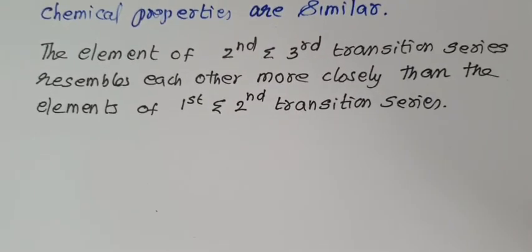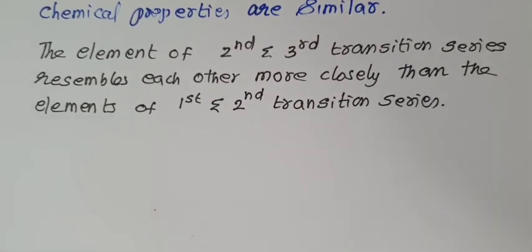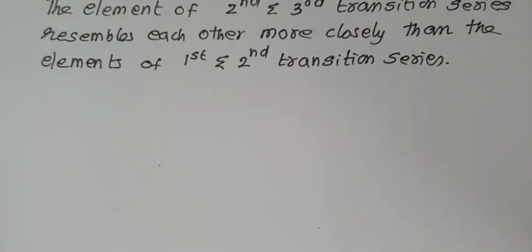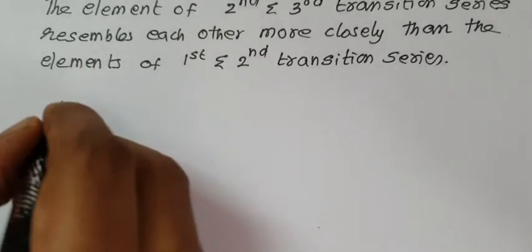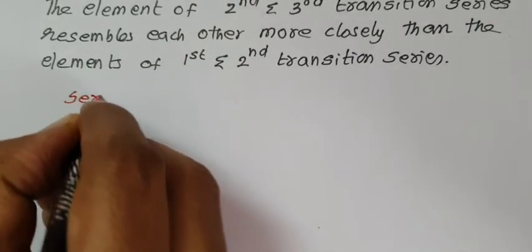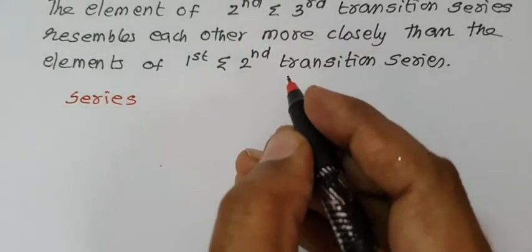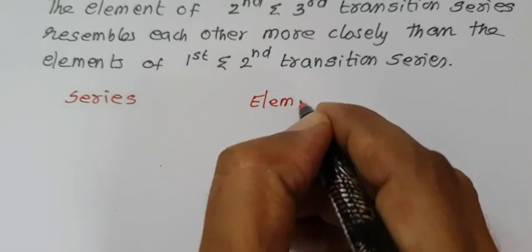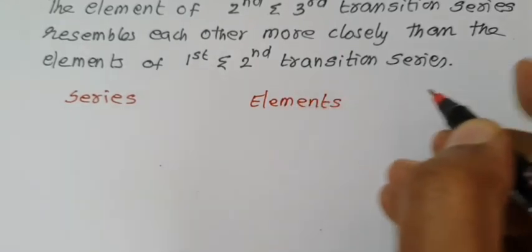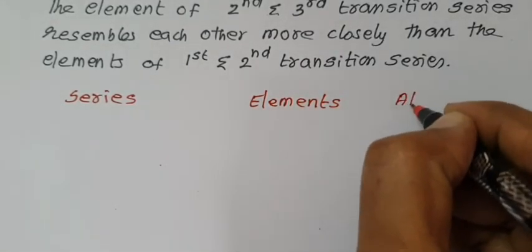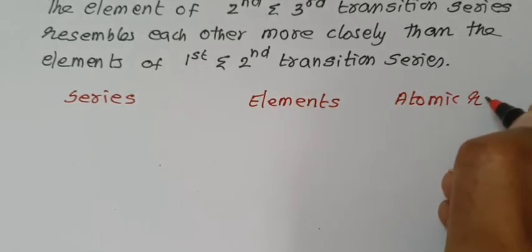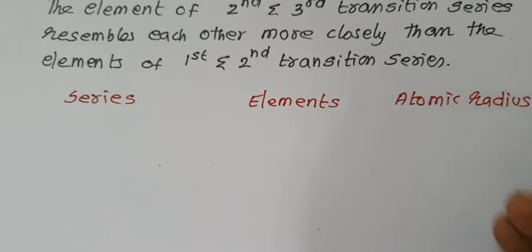I will give one example for this point: one element from the first transition series, and the third one is atomic radius of these elements.